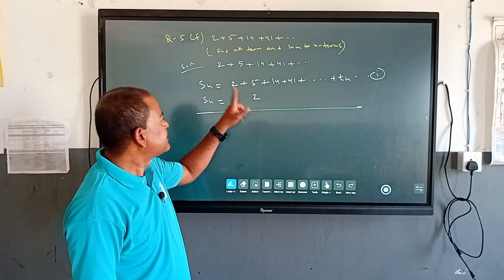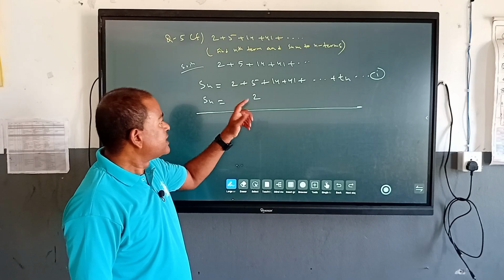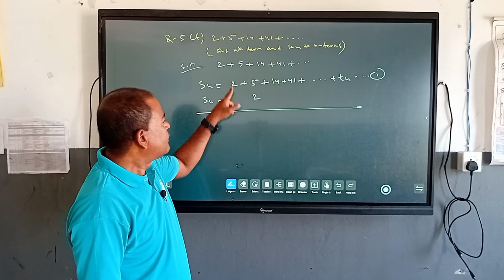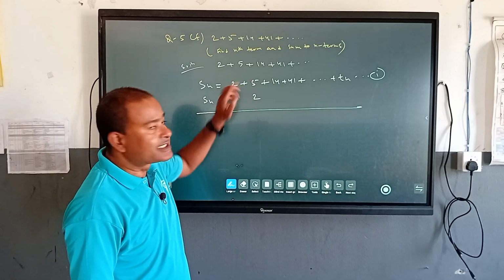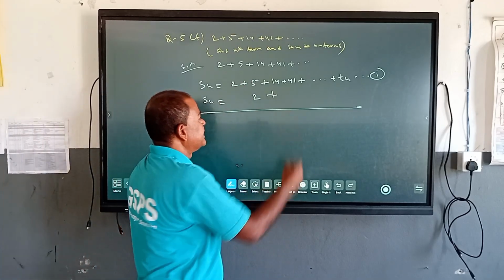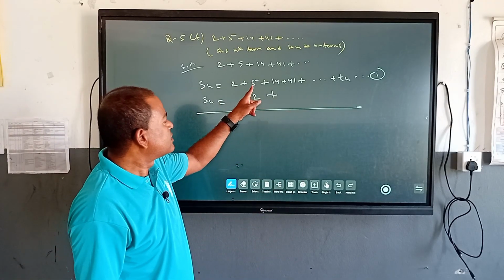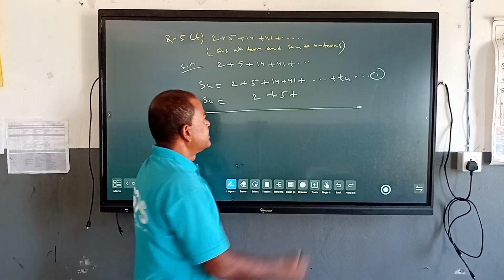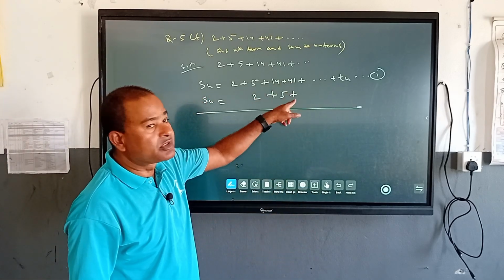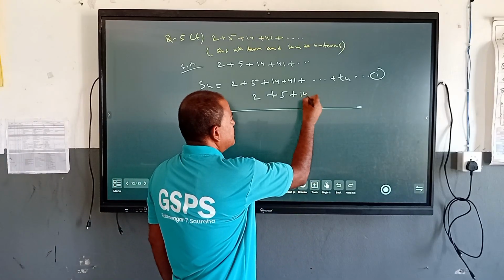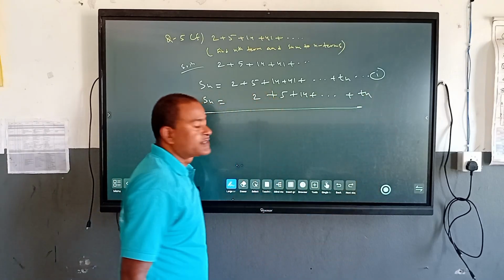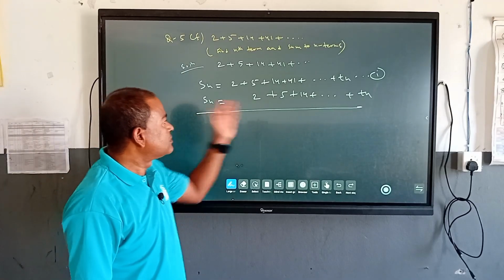Similarly, we write the second term just below the third term, and the third term just below the fourth term, and so on up to plus Tn. In this way we write the same series again.